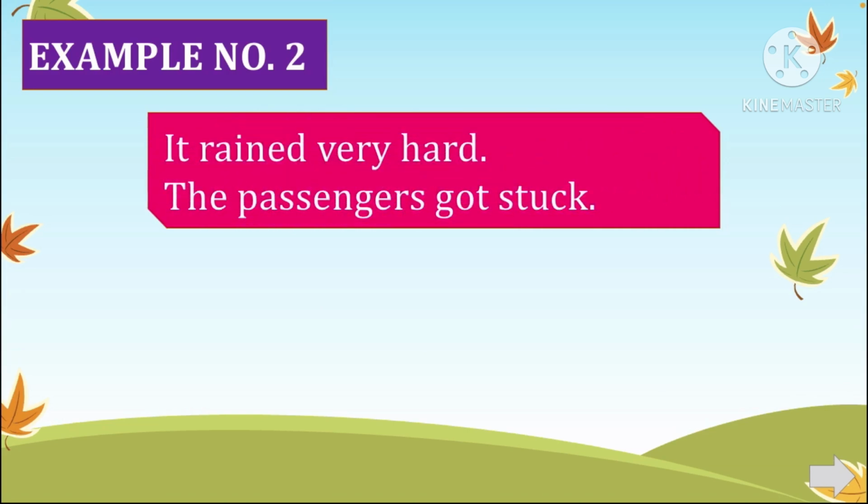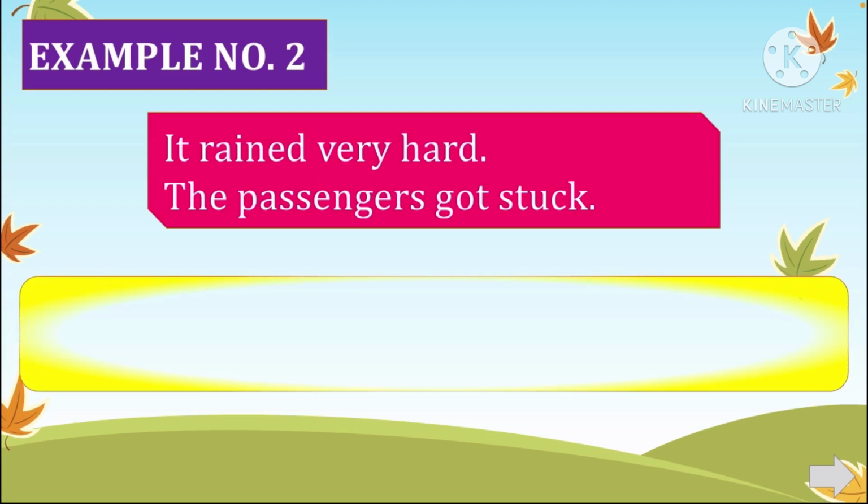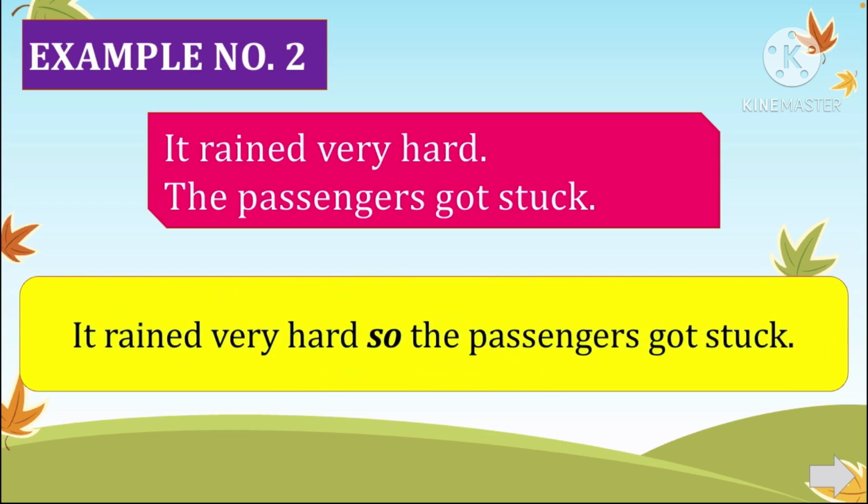Another example, the two simple sentences are, it rained very hard. The passengers got stuck. When we combined them together, we formed the compound sentence, it rained very hard, so the passengers got stuck. What clause shows the effect and the cause?